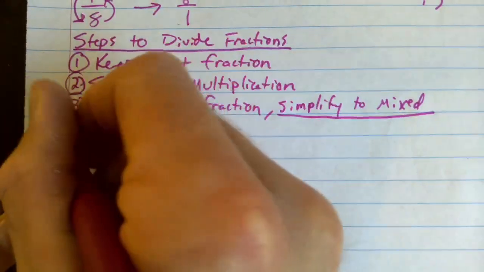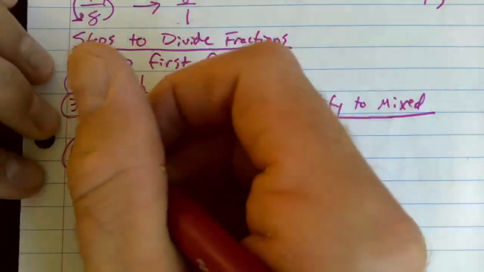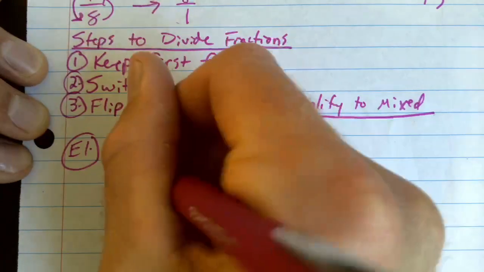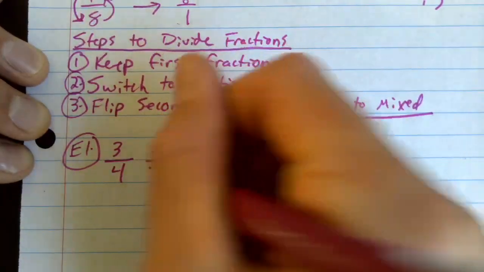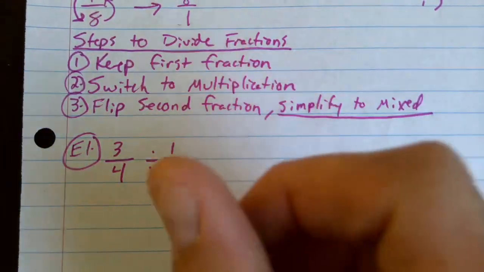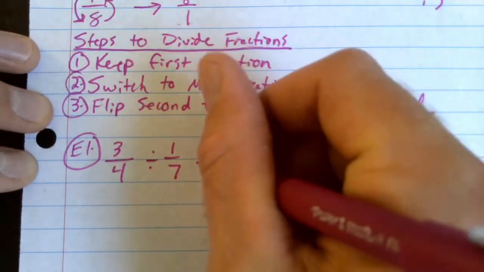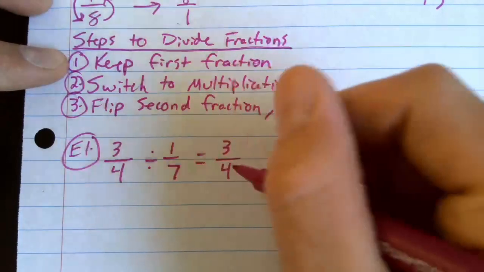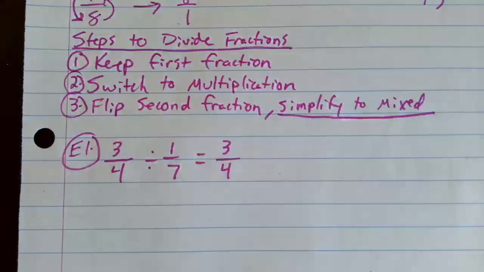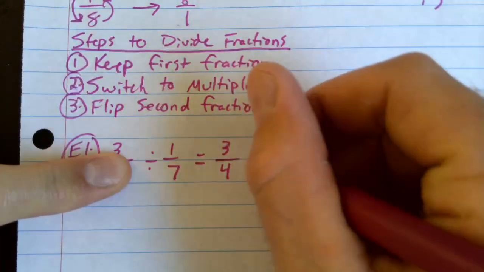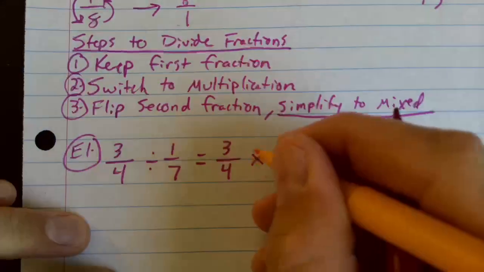So E1, go ahead and try E1. E1 is 3/4 divided by 1 over 7. We keep the first fraction, then switch to multiplication. Division turns to multiplication.